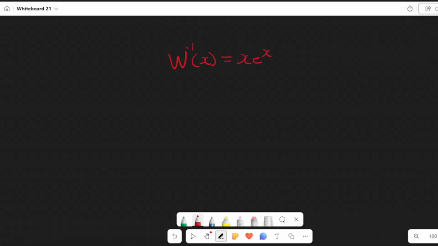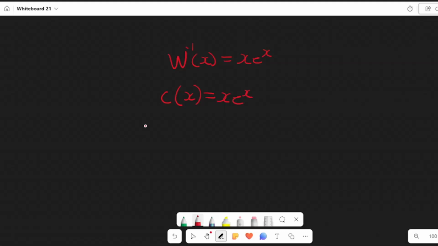So what that means is, if I define a function, let's say c of x, and it's equal to x times e to the power x.